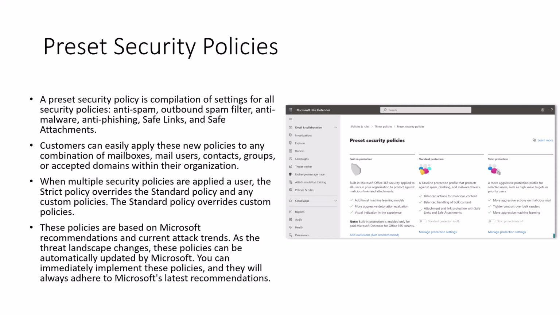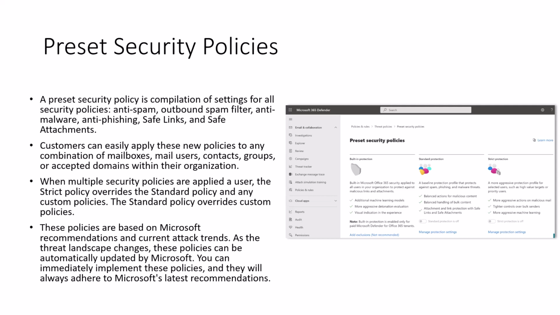Along with that, it's actually also possible to add even more policies to your organization, such as custom security policies here. So in case you have multiple policies like that in place, there will be an order of precedence of these security policies when email comes in, and how our end users are protected.